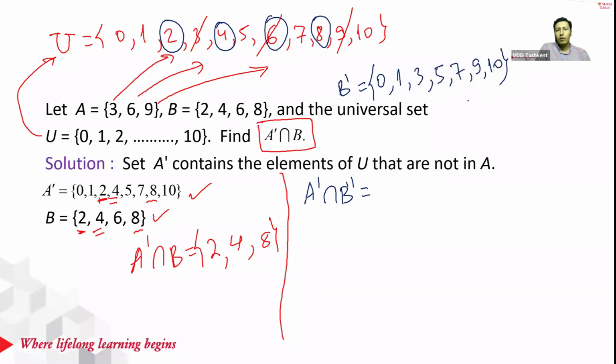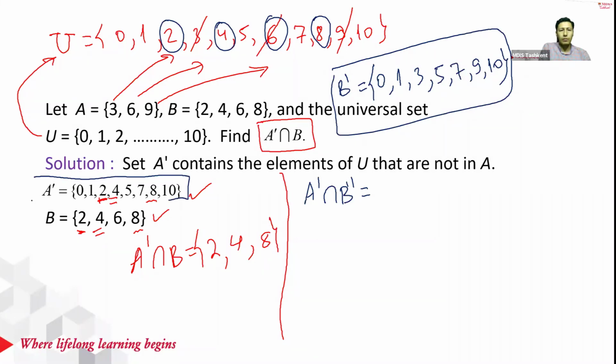This is complement of B. Now you compare this one with complement of A, this one. Do we have same elements? We have 0, 1, 3 we don't have, 5 we have, 7, 9 we don't have, 10. That's the answer.